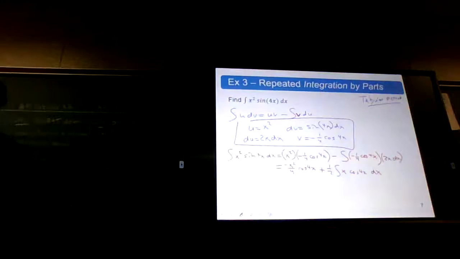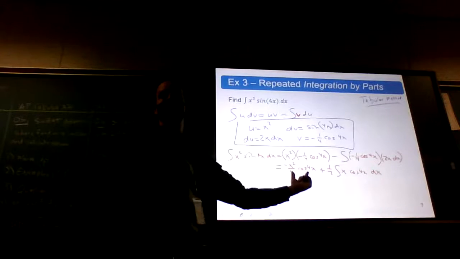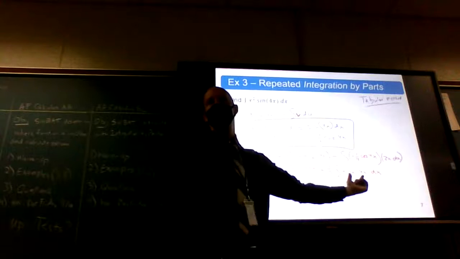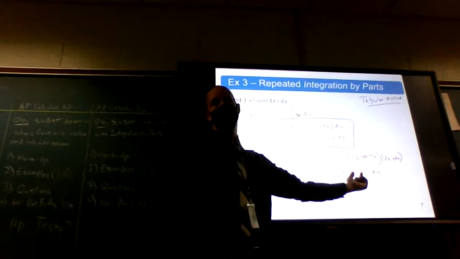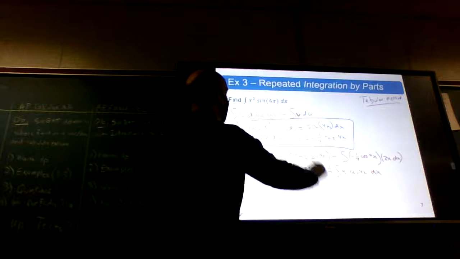Do you see a problem, Houston? You've got to do integration by parts again. Okay, so this part's all good. This part, not so much. Because again, we've got an algebraic function and a trigonometric function. So let's go ahead and play the game one more time.